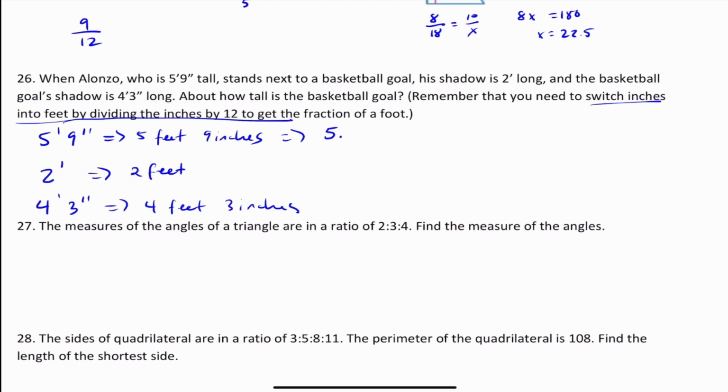So 9 over 12 is 3/4 or 0.75. So I say 5.75 for that one. And then we got the 2 feet, that stays the same, but this 3 inches over here, we're going to convert that. So it's 3 over 12 or 1/4. So now that becomes 4.25 feet.